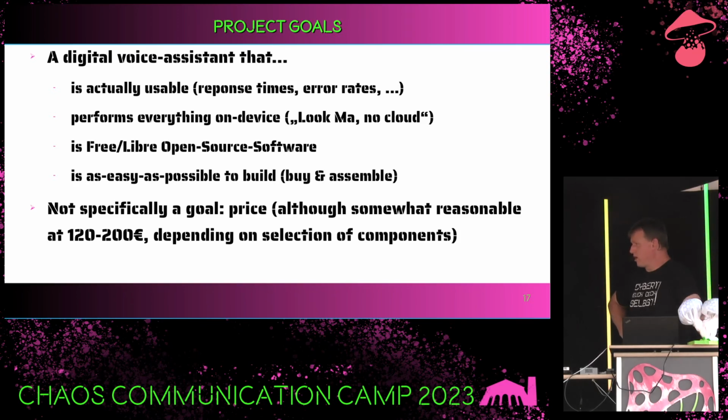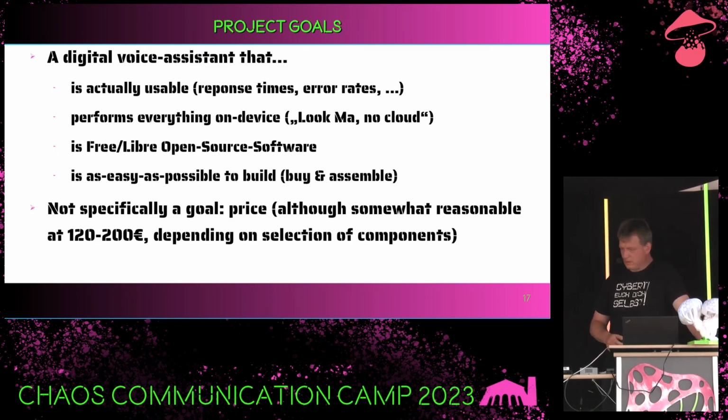Especially not a project goal was the price. So the components in here run up to roughly 120 to 200 euro, depending on what you put in there. So I put also an RFID card reader in there. You don't need it.